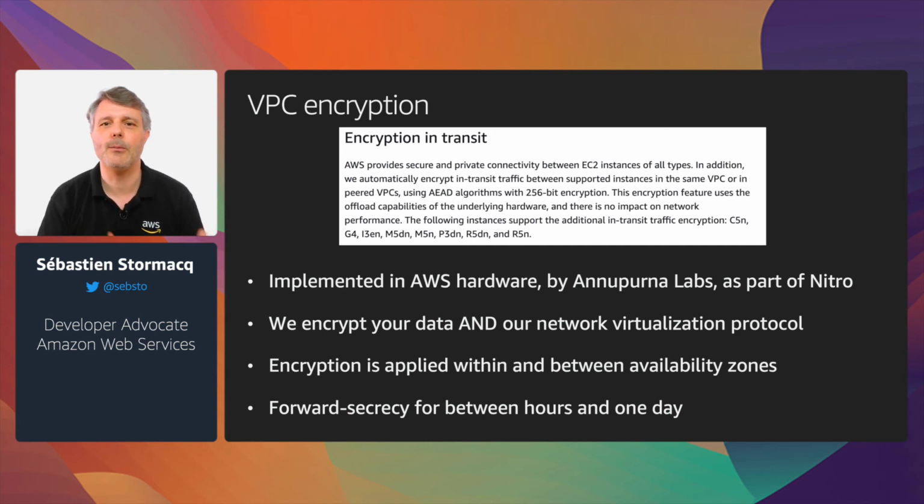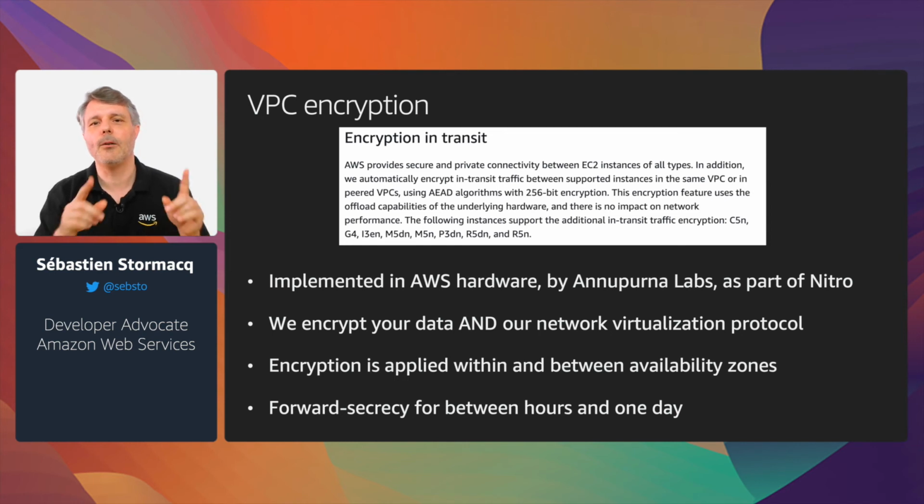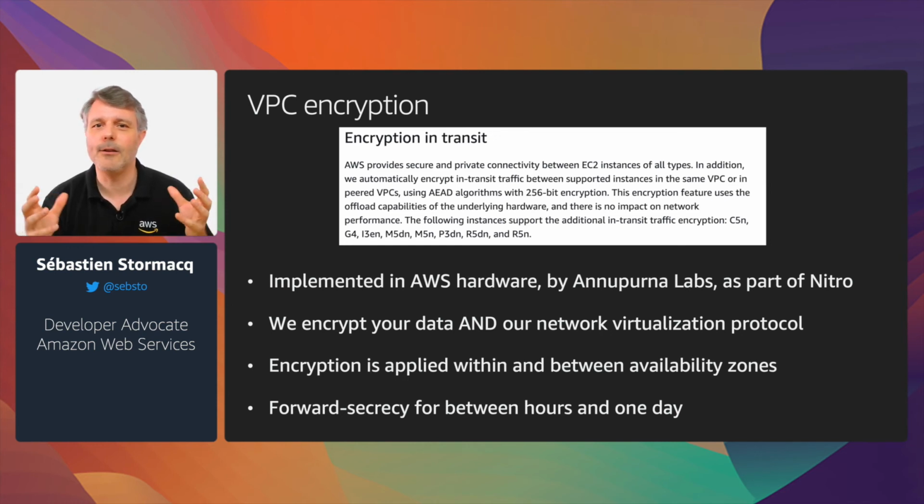And that encryption is supported by Nitro. Nitro is the virtualization hardware we have inside the physical server where your Amazon EC2 instances are running. Because that encryption is delegated to Nitro, there is no CPU overhead for your operating system, for your Amazon EC2 instance. You will not notice any CPU cycles being stolen to perform the network encryption. But because it's Nitro, it's only available on instances that are taking advantage of the Nitro architecture.